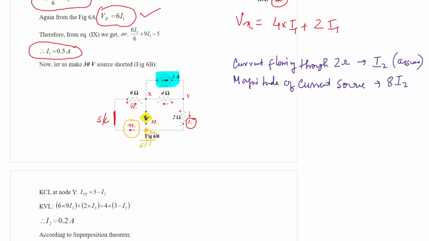It must be 9I2 leaving, which is flowing through the 6 ohm resistor. So the current flowing through the 6 ohm resistor is nothing but 9I2.